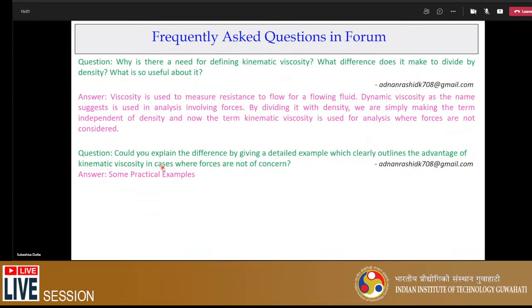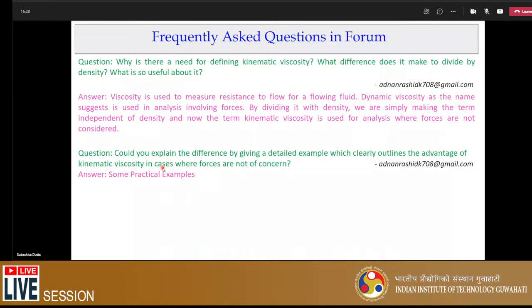So the dynamic viscosity is a frictional force contributed by a lot of molecular motions. It is the force component for a unit strain rate or unit velocity gradient.